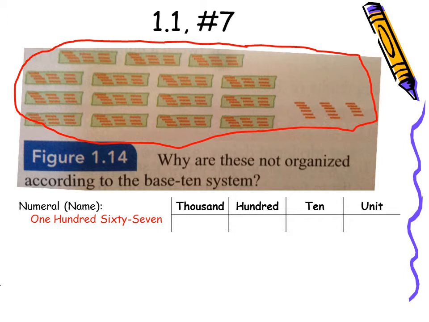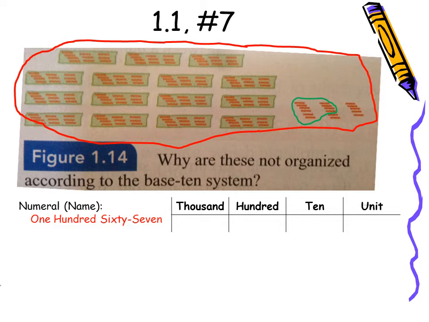So in looking at the picture, it appears that there are a total of 17 units. Well, there's no way to represent 17 units because we can only represent 0 to 9 units. So what we can do is count off 10, because we know that as soon as we get 10 units we can regroup it into one group of 10.